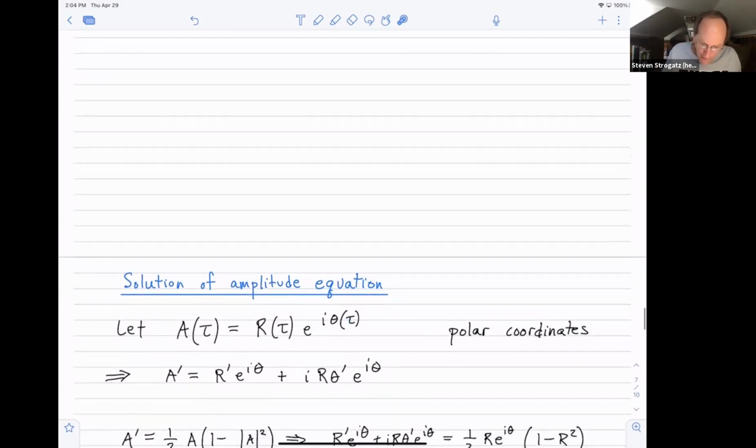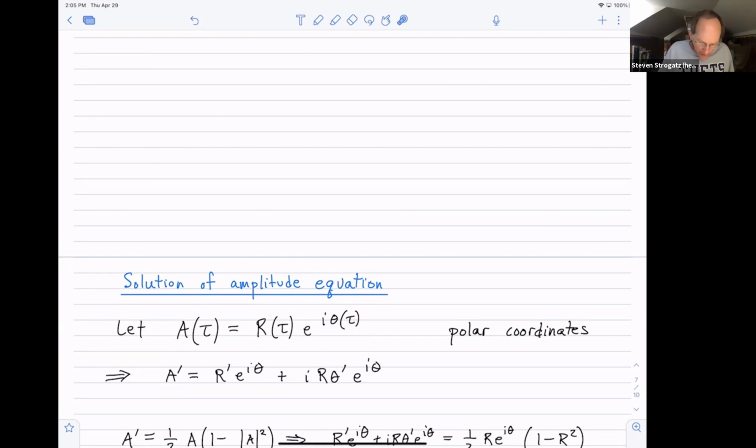Anyway, so let me plug this in. The complex amplitude A is a real amplitude R, think of it as a radius in the phase plane, times e to the i theta of tau, so theta plays the role of a phase or an angle. It also varies slowly. So I take my derivative, where prime now means slow time derivative with respect to tau.